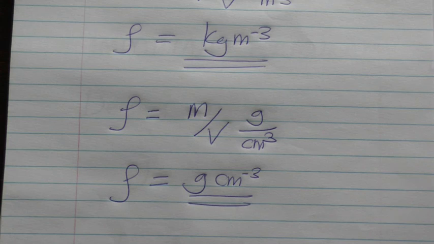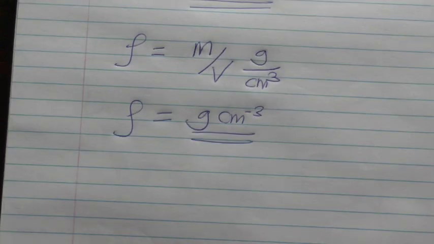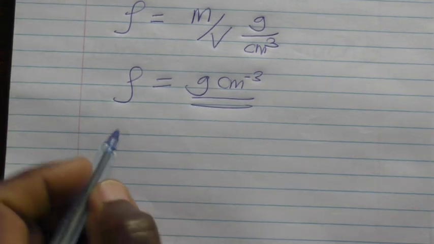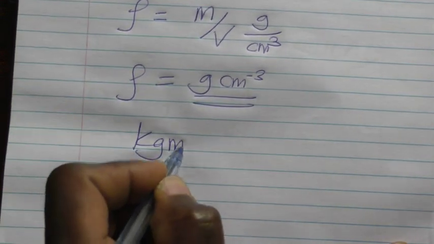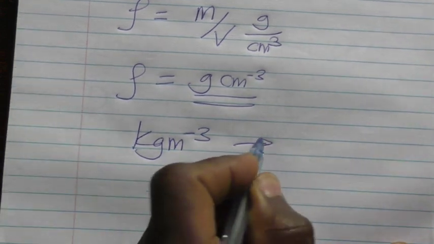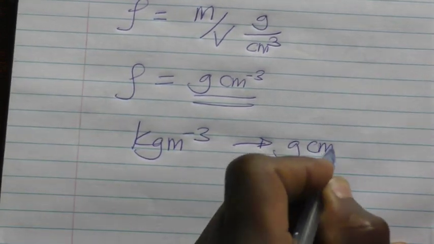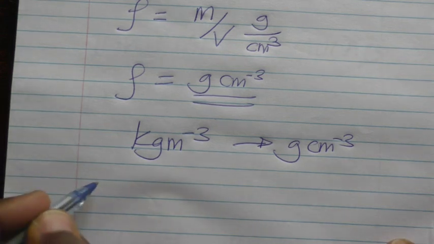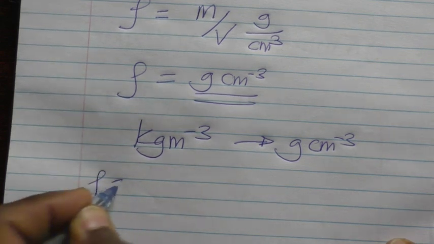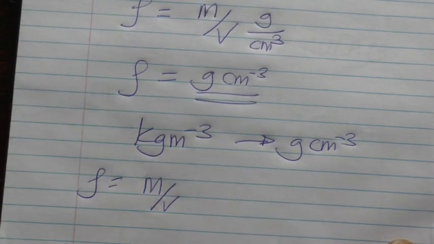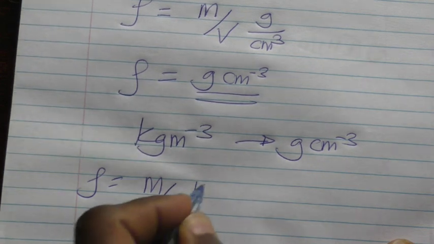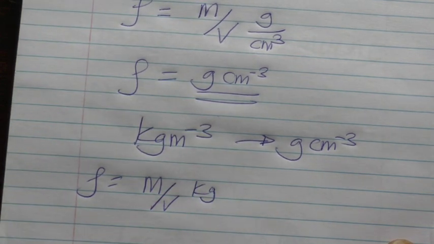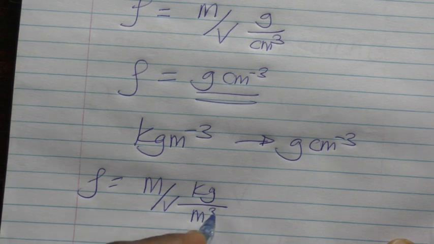After looking at the units, now let us look at the conversion of these units from one to the other. We shall start with converting kilograms per cubic meter to grams per cubic centimeter. We've seen that density is mass over volume, and this time round, our mass is in kilogram and our volume is in meter cubed.